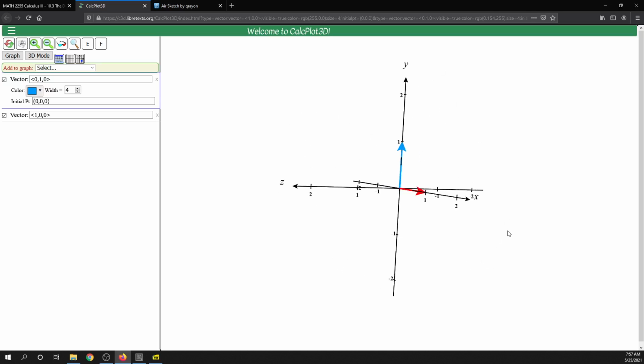All right, so the vector u is really the vector i that we talked about, the standard vector i. It points in the positive x direction. It is a unit vector, and the vector v points in the positive y direction.